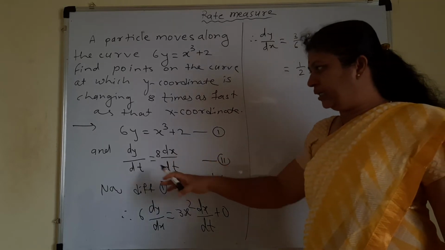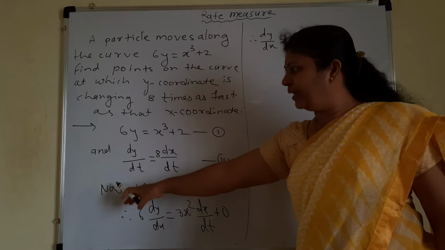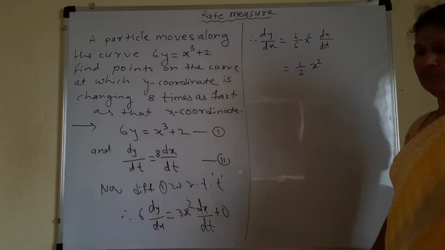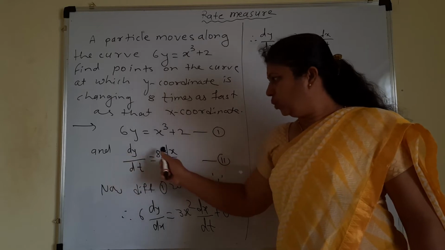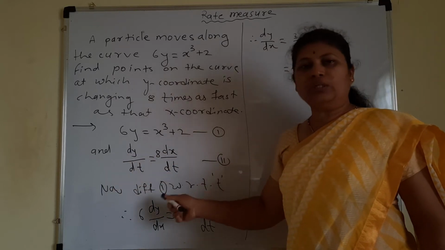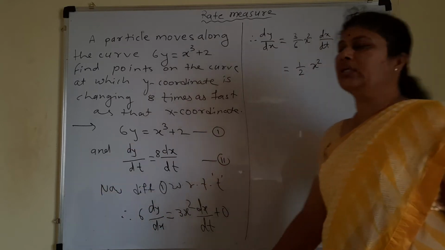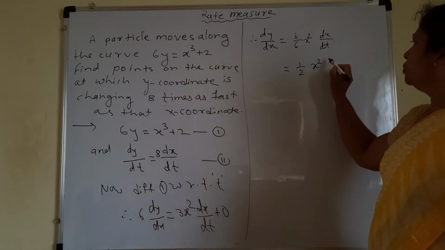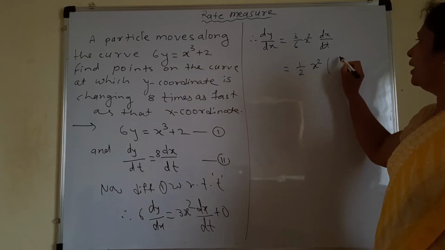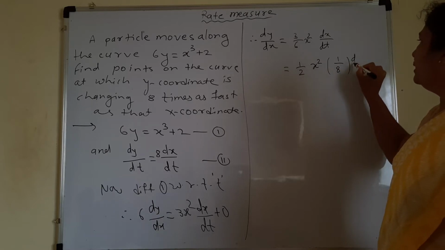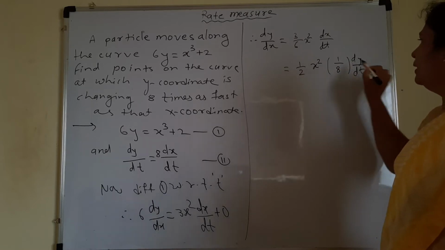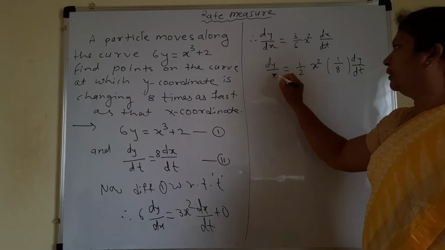This dx by dt, using equation 1, is nothing but 1 by 8 times dy by dt. The 8 will be divided here, so dx by dt is equal to 1 by 8 times dy by dt.